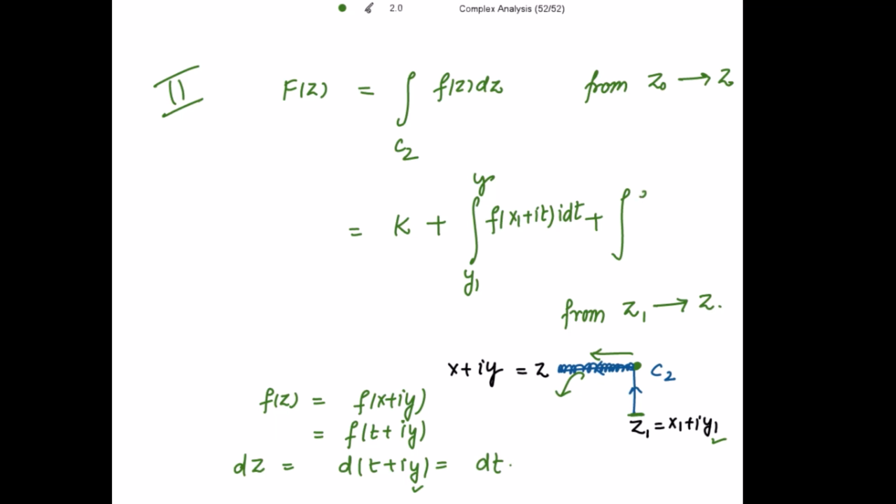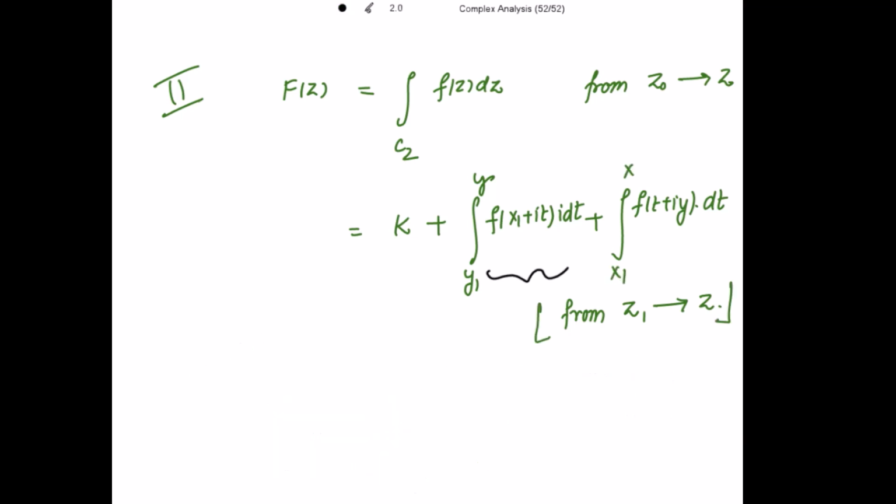So this is f of t plus iota y into dt. And writing the limits of t in terms of x, what is the value of x over here? It is x1. And what is the value of t over here in terms of x? It is x. So this is from x1 to x.